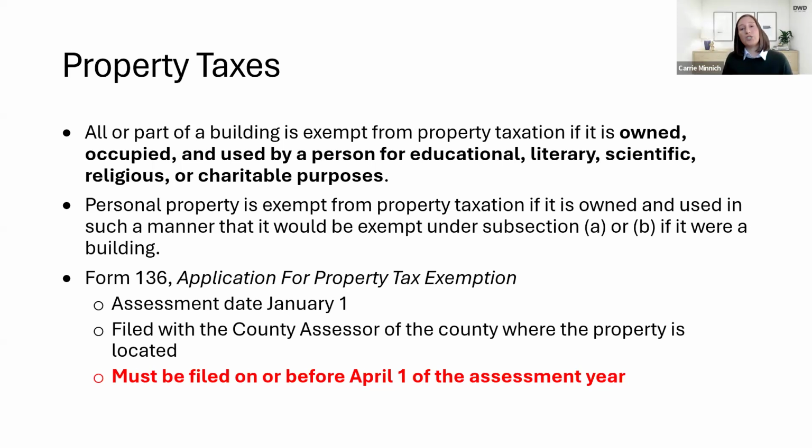But if you're a new organization, or perhaps you recently purchased new property, let's say you bought it in November of 2024, you just want to make sure that you have that exemption filed by April 1st of 2025. So this really relates to new property that's purchased.